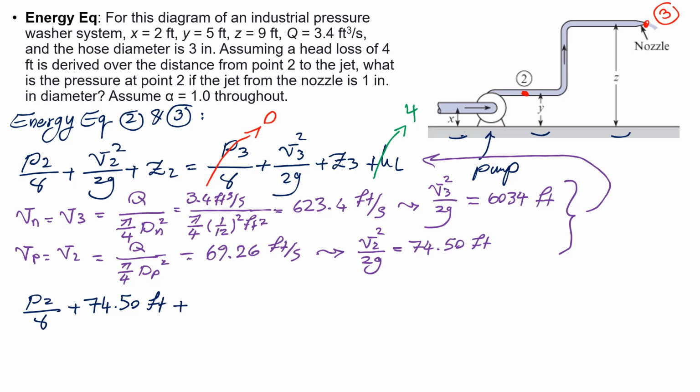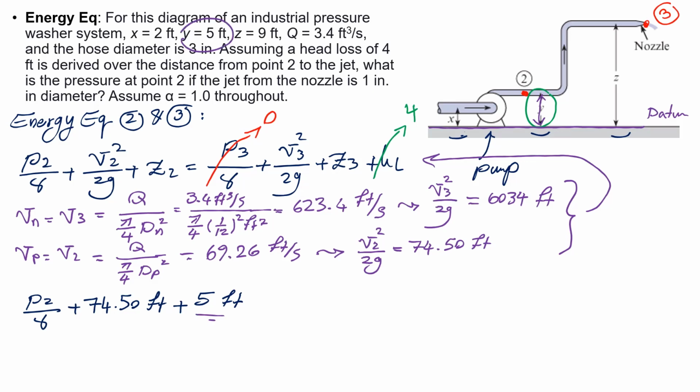This should be plus 5 feet. Why do I have 5 feet? Because take a look at this, this is my Z. If the datum that I consider is this line, Y is my Z2, and Y is equal to 5, so I have it over here.